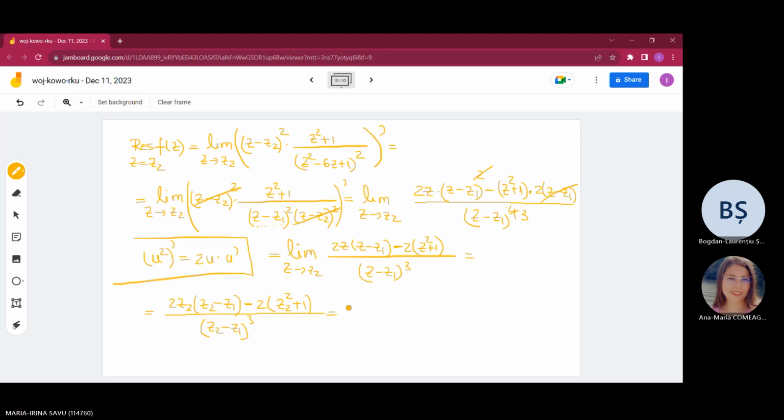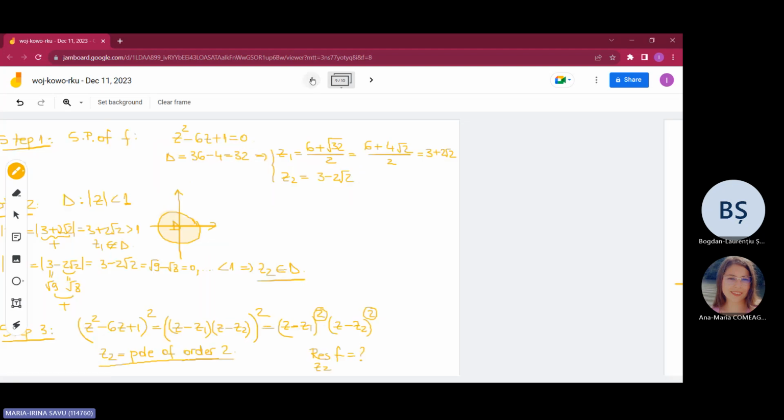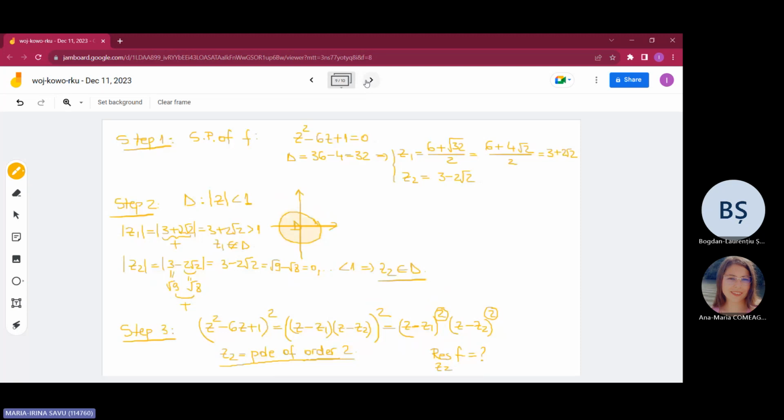And this is 2z2 squared minus 2z2z1, then minus 2z2 squared from here, minus 2. And in the end, you have minus 2 times z2 times z1. This one times this one.